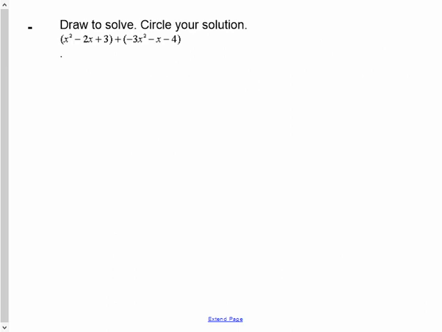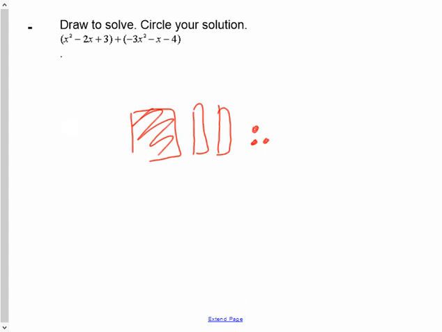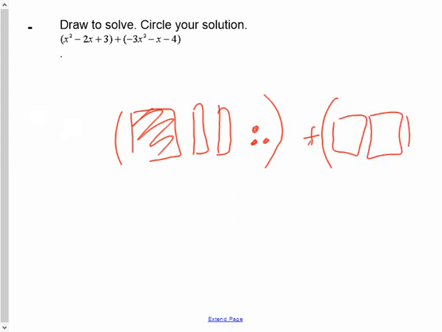Draw to solve and circle your solution. So here we're going to draw an x squared and two negative x's and a plus 3. And to that, I'm going to put it in brackets, I'm going to add, that's an add sign, negative 3x squareds, a negative x, and a negative 4.